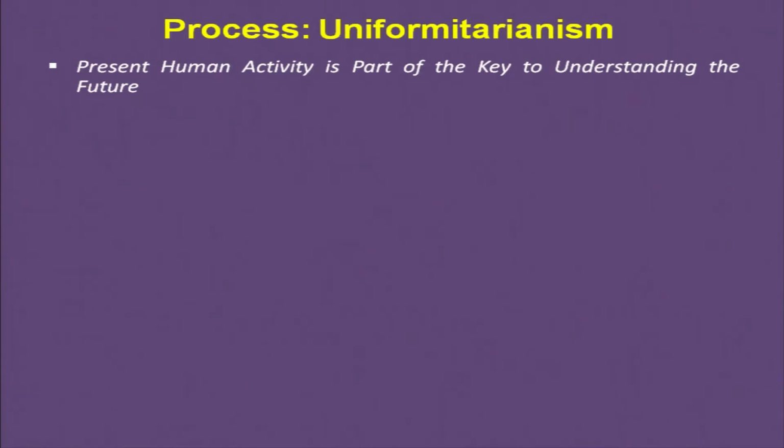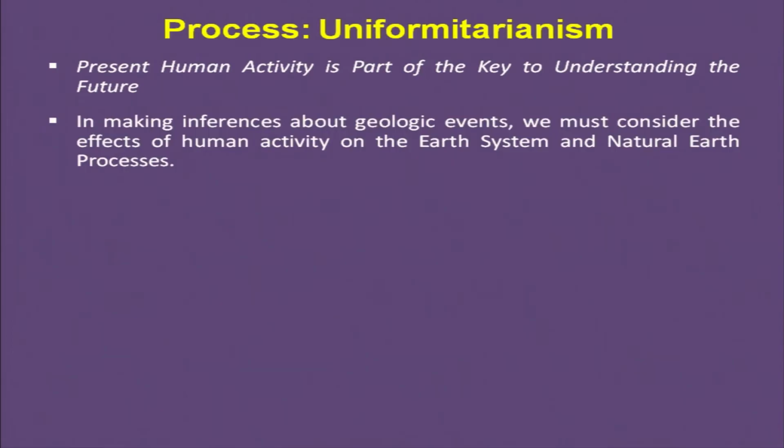In a similar way, we will now look at some examples which suggest clearly that because of the alterations we have made in the environment, other systems have been affected. So in making inferences about geological events, we must consider the effect of human activity on the earth system and natural earth processes. How we are influencing the earth system is also important, and that also results in the shaping of the landscape.